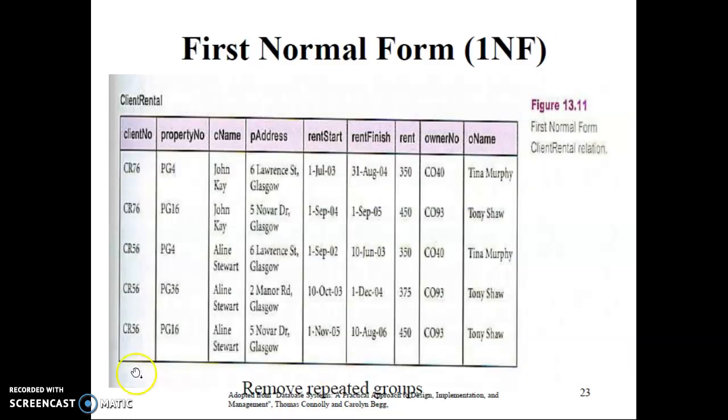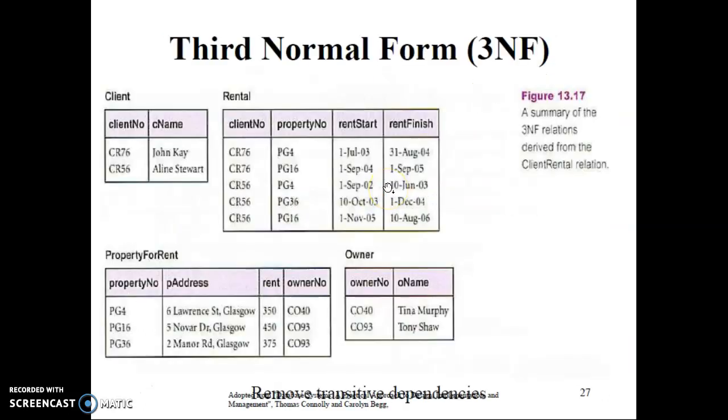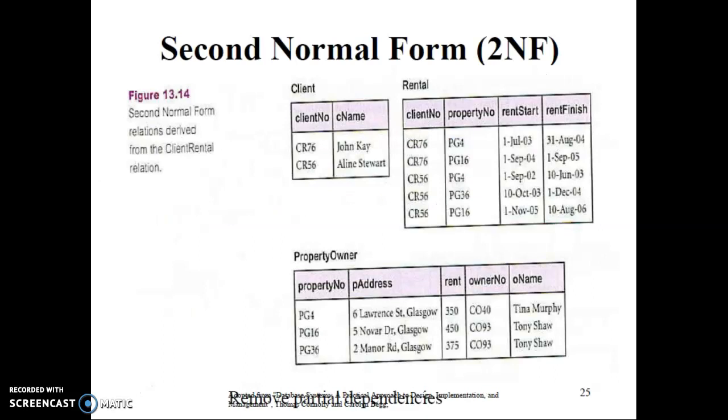To remove these partial functional dependencies from the client rental table, we have divided that larger table into 3 smaller tables, that is client, rental and property owner, as shown like this.